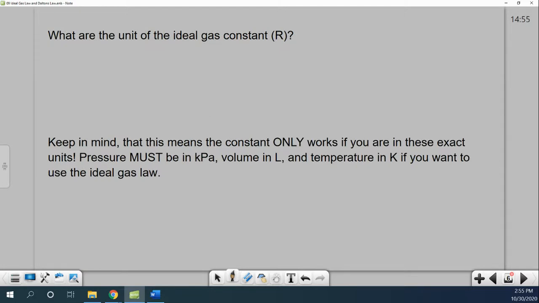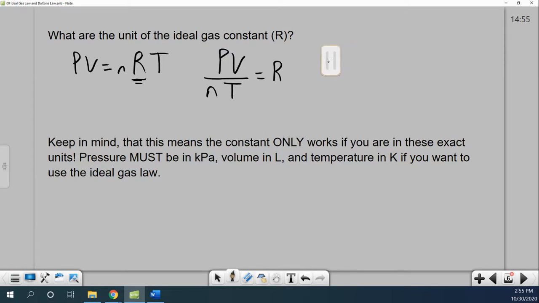What are the units of this thing? All right. Well, if I rearrange this equation, and I want to get R on its own, well, I divide both sides by n, and I divide both sides by T. So my units are, well, pressure is in kPa, volume is in liters, number of moles is just a number.